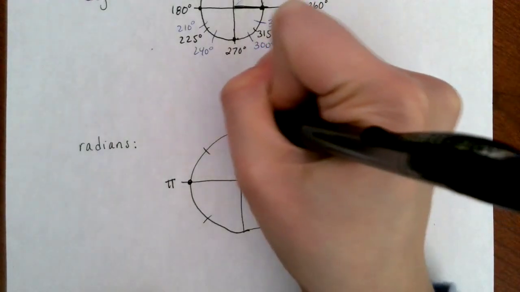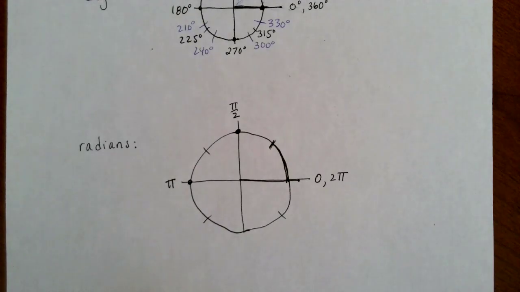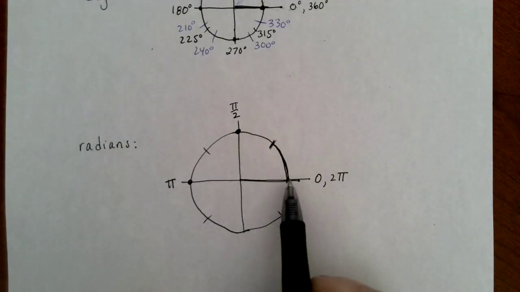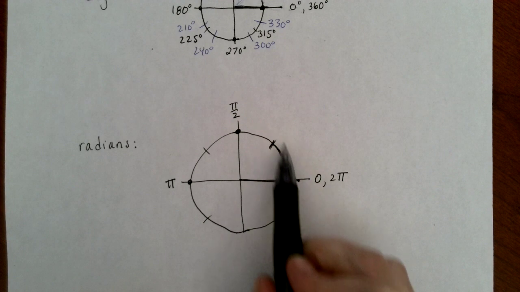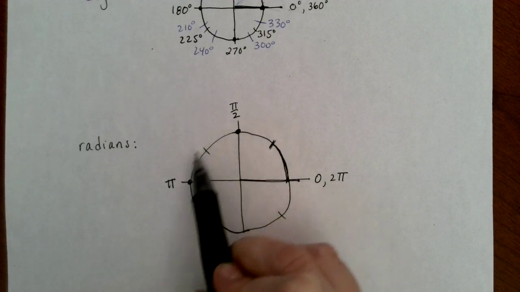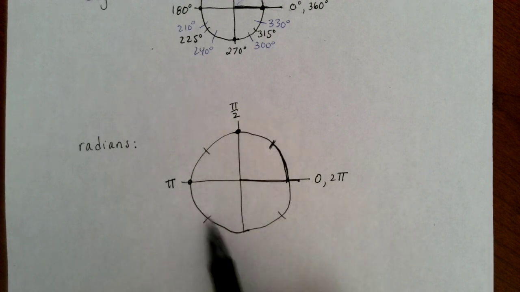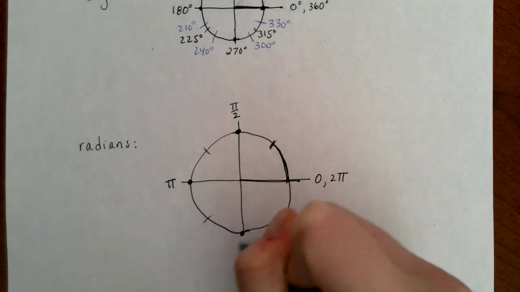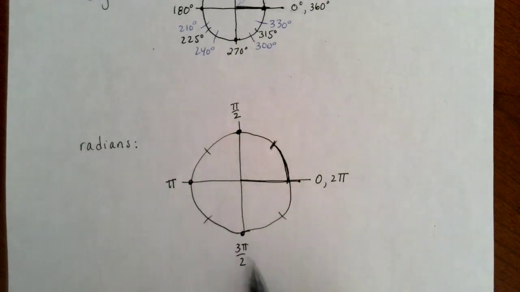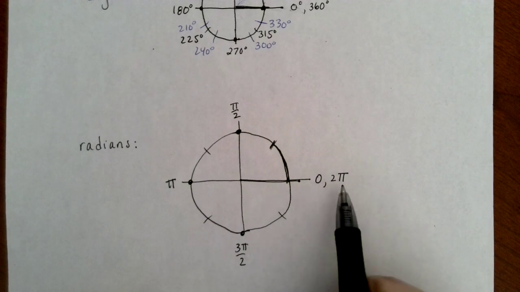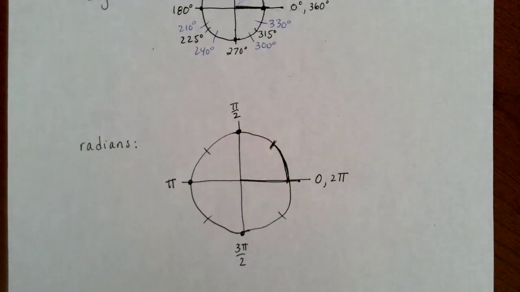We'll call that pi over 2. And now we can jump around in a step that size: 1 pi over 2, 2 pi over 2, that makes this 3 pi over 2. And then finally, 4 pi over 2 is the 2 pi we already have labeled.